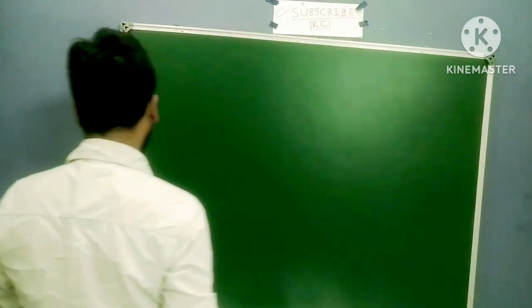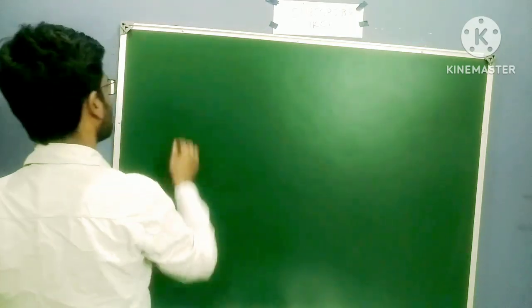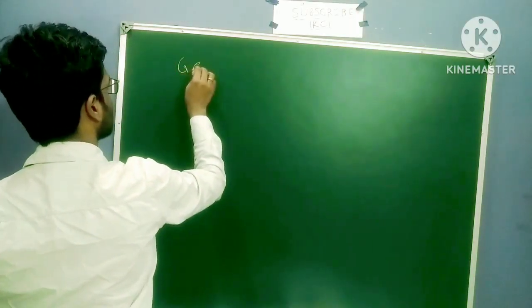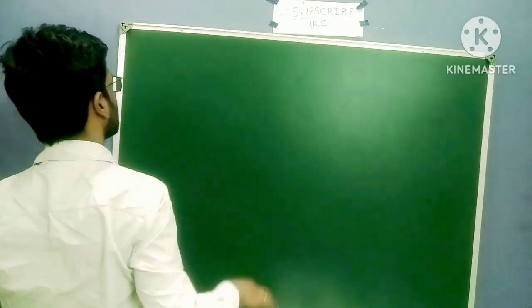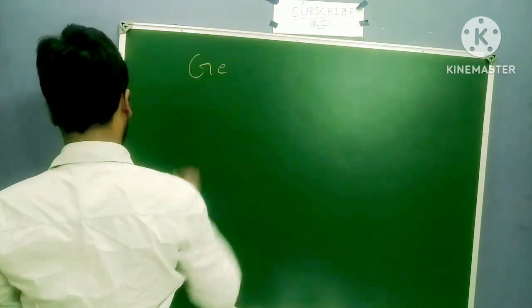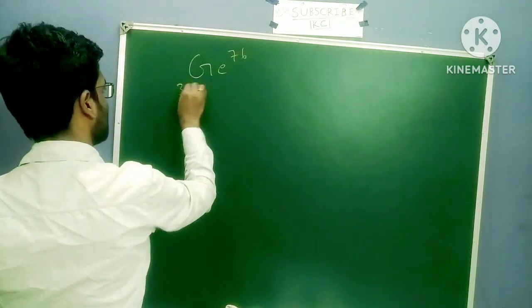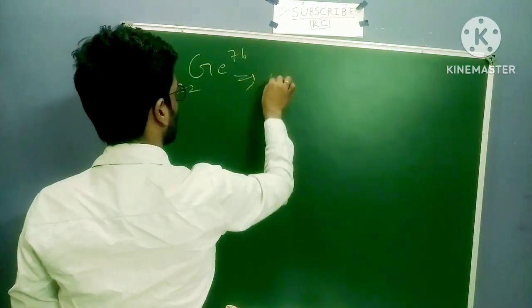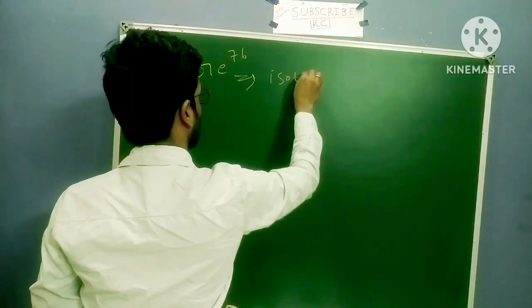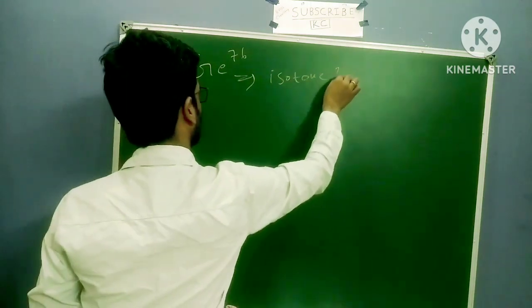Next question: isotone of germanium 76, 32. What is the isotone of this?